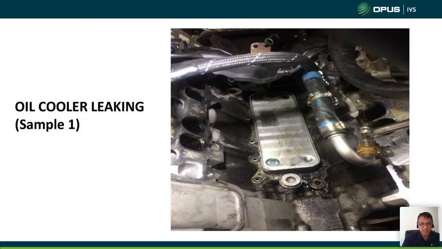In most cases, the oil will drip on the left-hand side bank because there's a hole in this area. If this is badly leaking, it will drip. There's an escape hole on that valley, and it will drip going to the starter and going to the bell housing area.